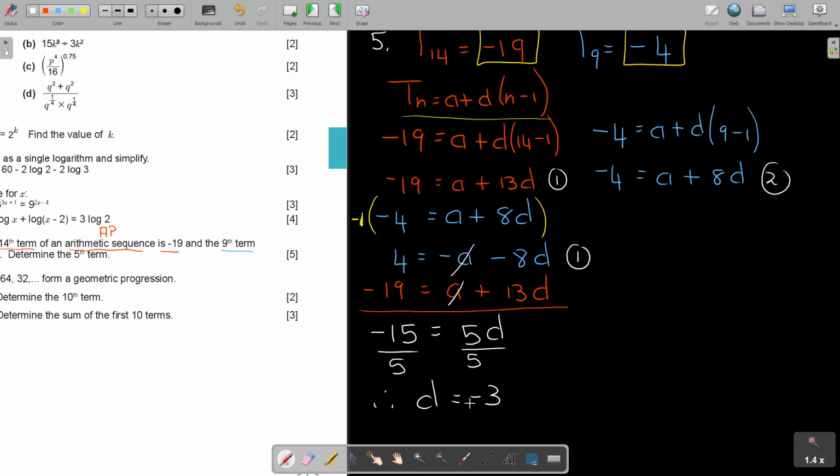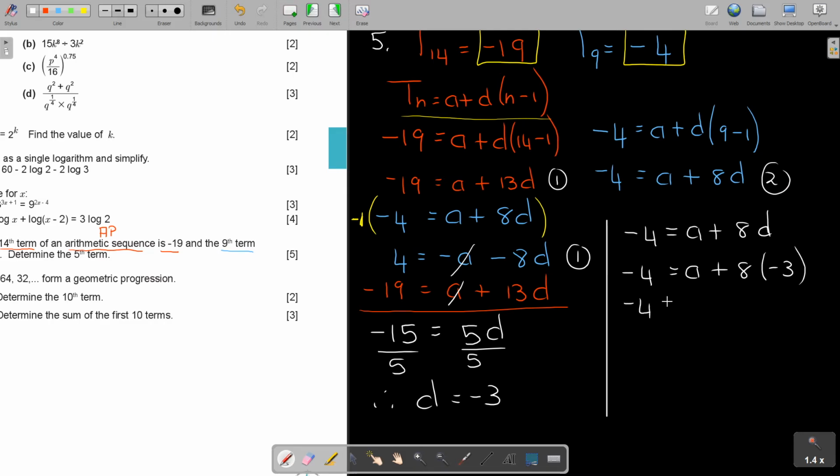And then I must still get the value of a. And now I just substitute in any. So let's substitute in 2. So negative 4 equals a plus 8d. So it's negative 4 equals a plus 8 times negative 3.